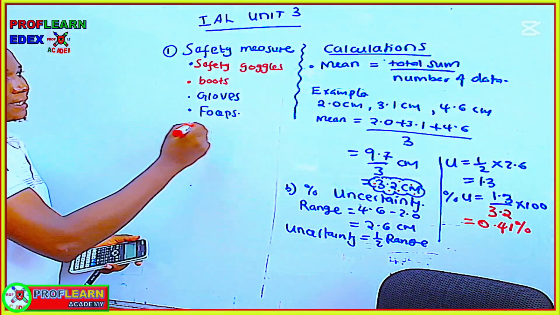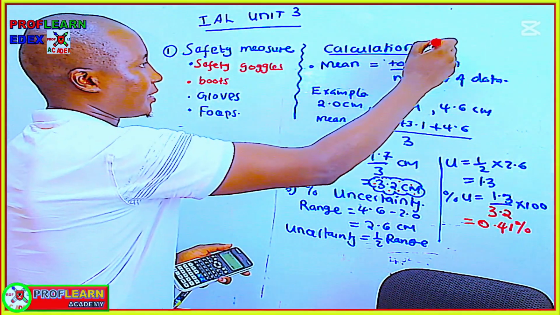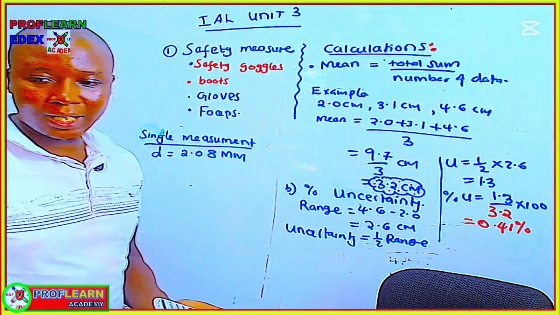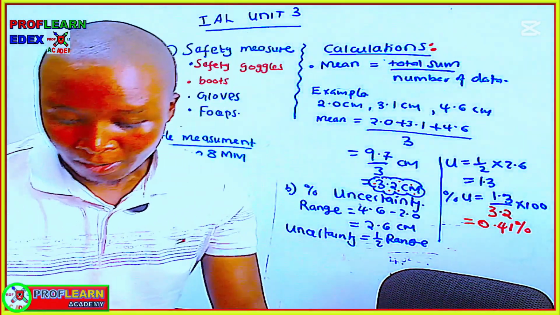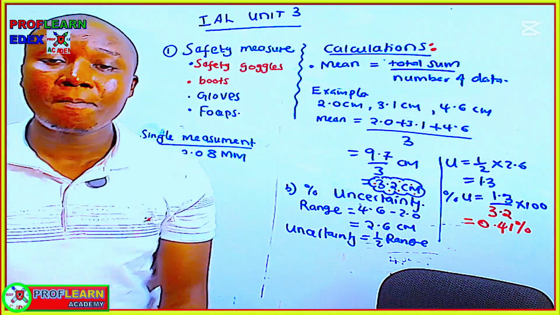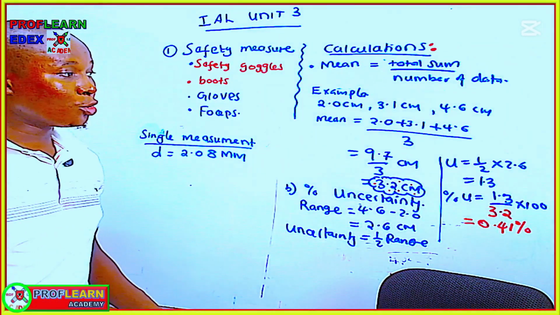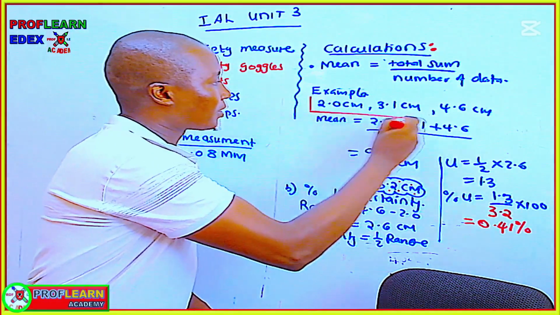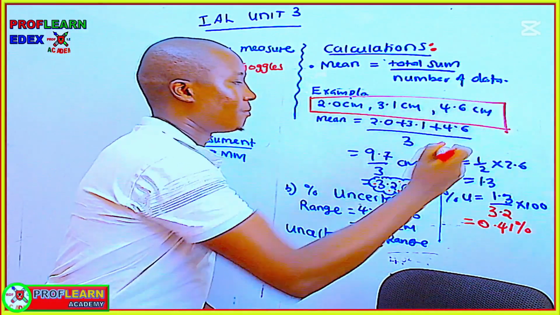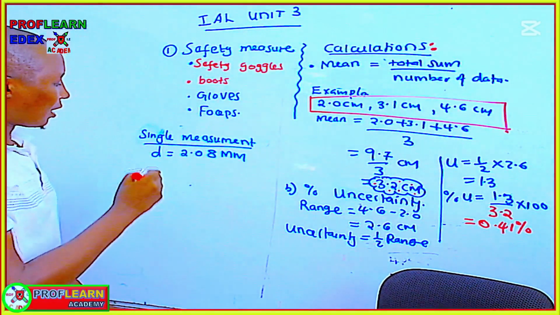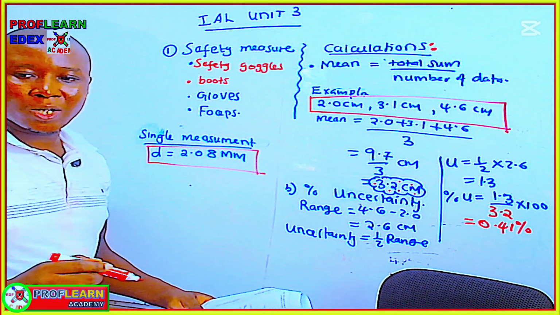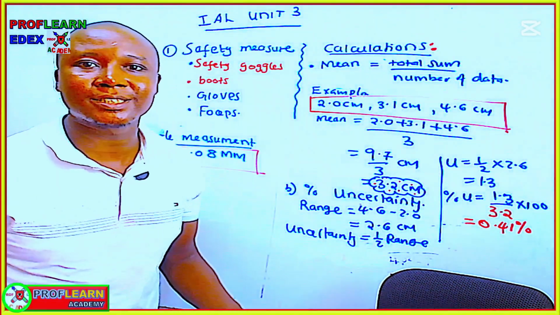Now, another type of uncertainty calculation you'll be seeing in your exam is calculating the percentage uncertainty. Anytime you do a Unit 3 exam, you'll have a question that has different measurements, and another question that will have a single measurement, and then you are supposed to work out the percentage uncertainty.